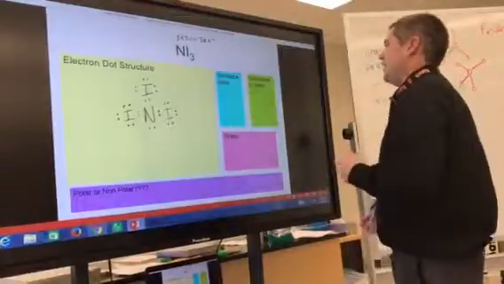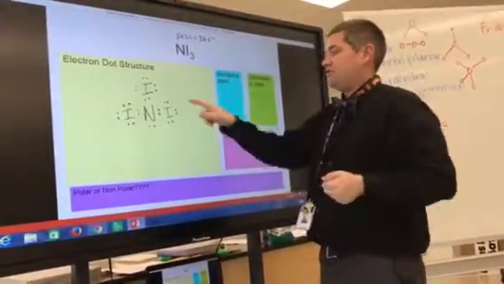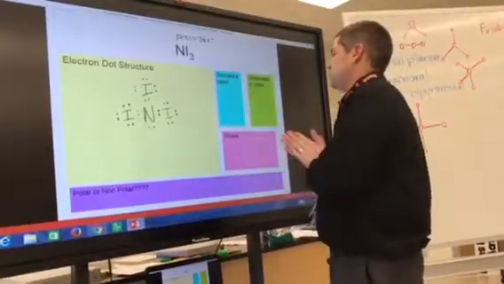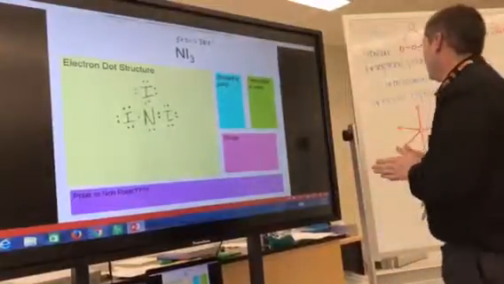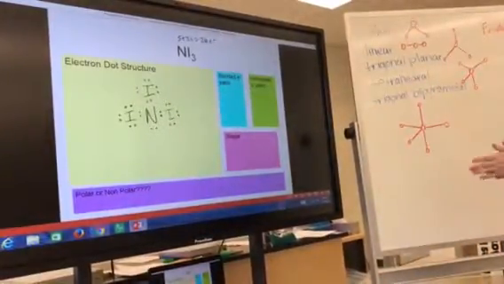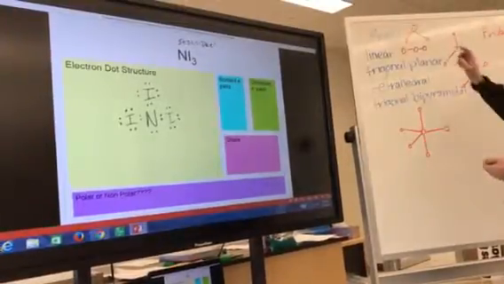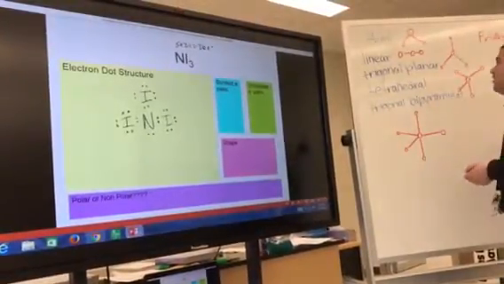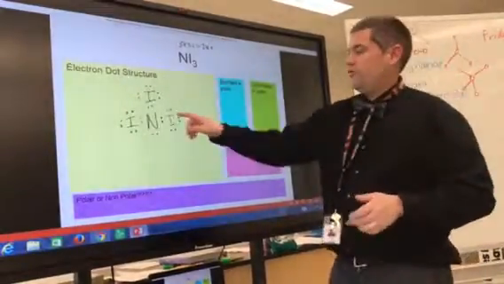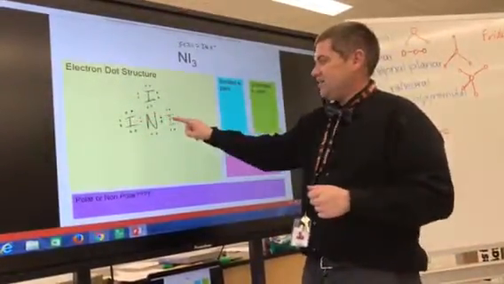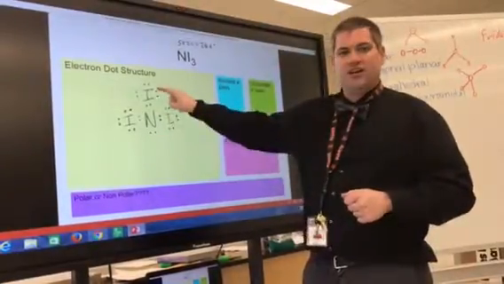The way you look at it is how many bonded electron pairs? I have 3 bonded electron pairs. I have 1 unbonded. The shape, what does this look like? How many bonds do I have? I have 3, so it will take on the trigonal planar shape. Is it polar or nonpolar? Well, the way you look at it is this I cancels this I out. But does this I get canceled out?